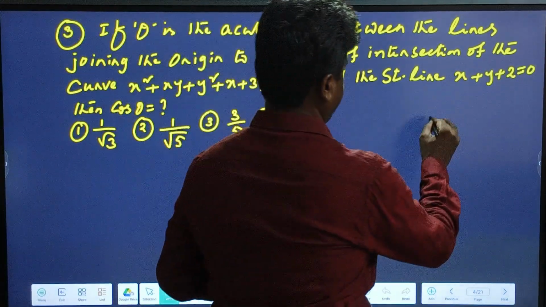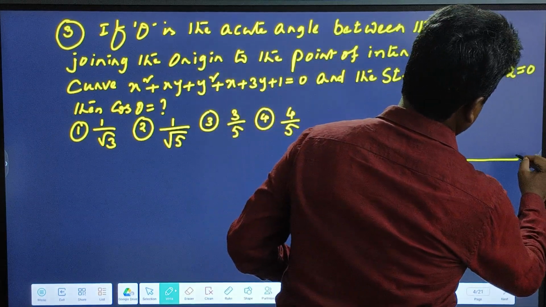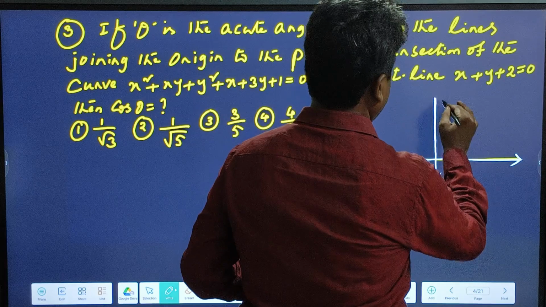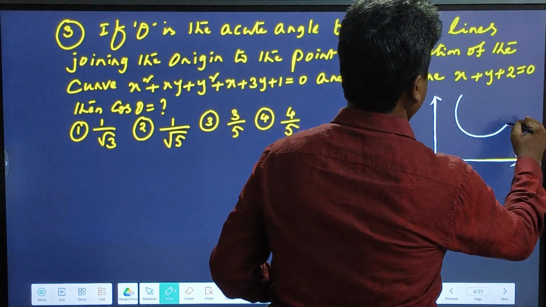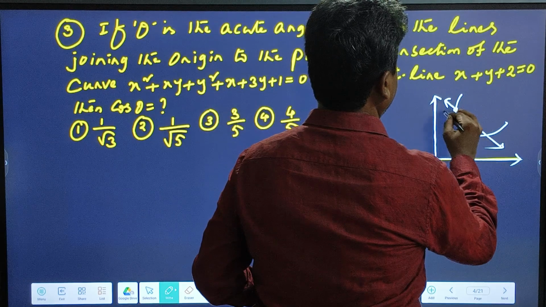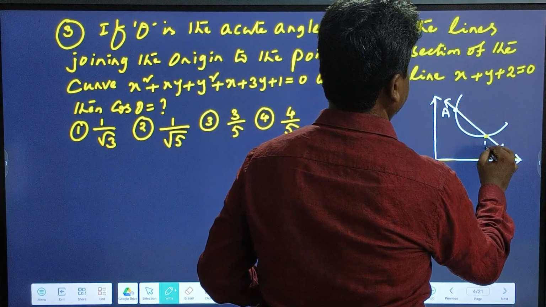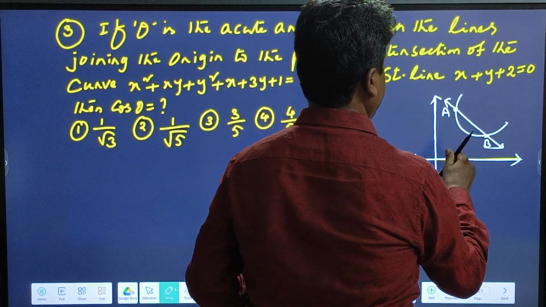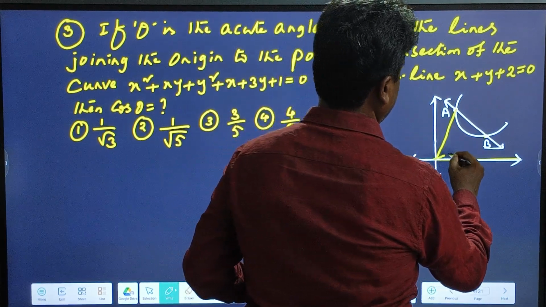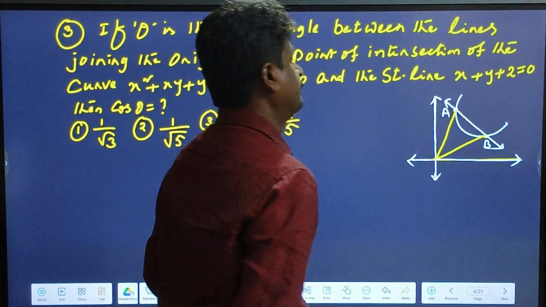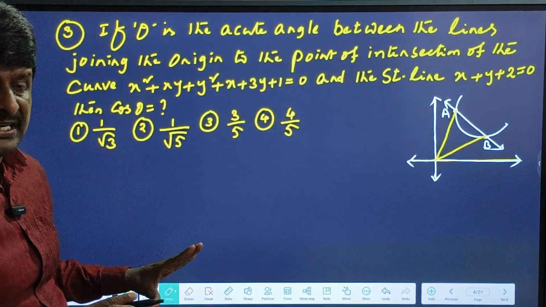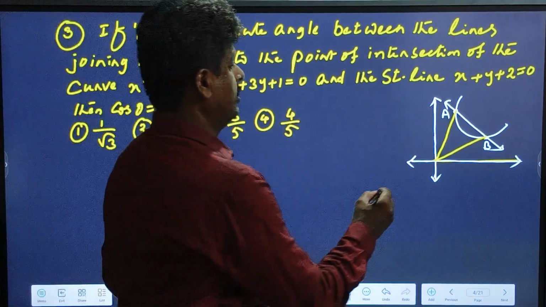Do observe that the given question has a curve and a line. Curve and line are both intersecting in two distinct points, capital A and capital B. These are the line segments joining the points of intersection and the origin.